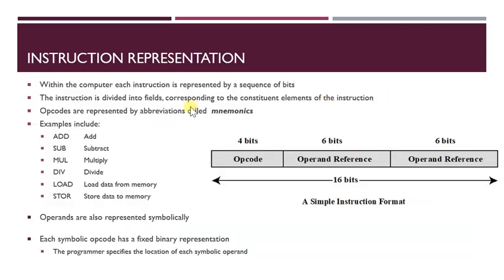Next, we go to the instruction representation, which is one of the machine instruction characteristics. In our computer, an instruction is represented by a sequence of bits because our computer can only understand binary numbers. There are several sequences of bits to perform certain instructions.